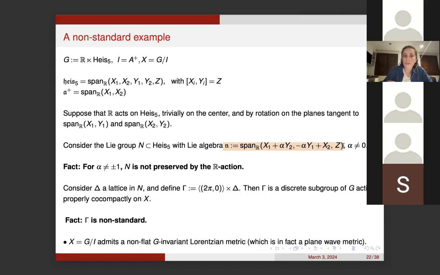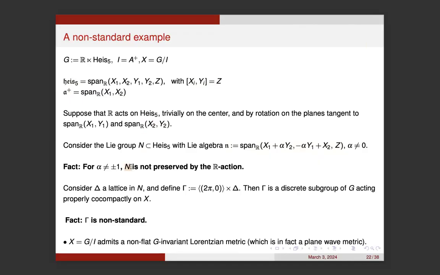With a small computation, we can check that this group N is not preserved by the R action. When I apply R to N, it does not map N to itself. N is mapped transversely to itself. Now I consider delta a lattice in N, and I define gamma this way.